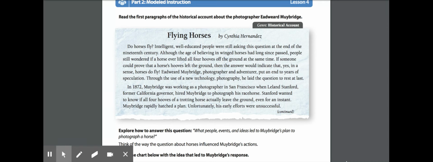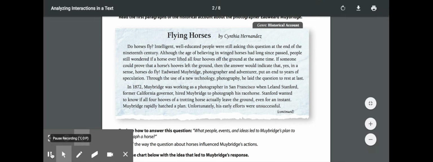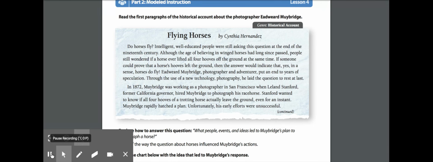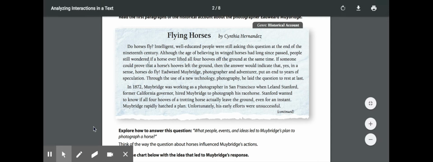Our story is called Flying Horses by Thea Hernandez. Do horses fly? Intelligent, well-educated people were still asking this question at the end of the 19th century. Although the age of believing in winged horses had long since passed, people still wondered if a horse ever lifted all four hooves off the ground at the same time.